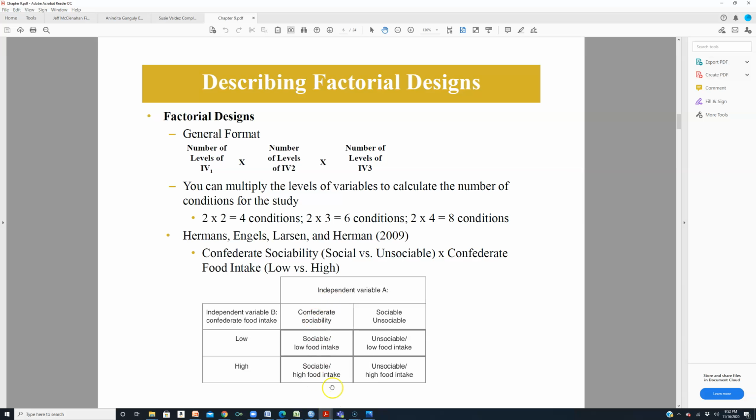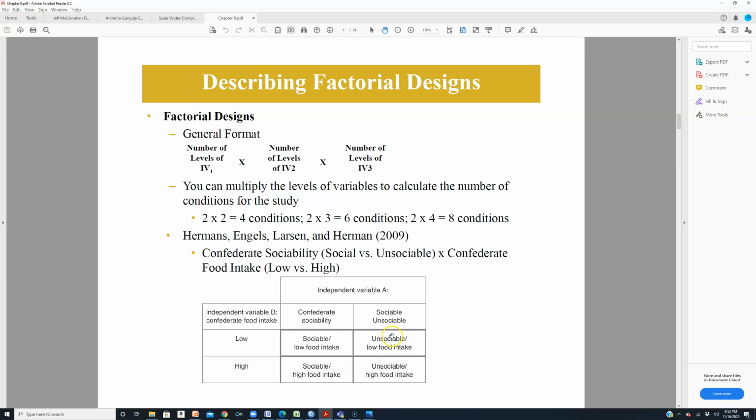Now these are all my scores for all my participants. I get what's called a marginal mean for the total number and average of M&Ms eaten by all people in the sociable condition, and then all the people who were exposed to an unsociable confederate, and then all the people who were exposed to low intake, and then all the people exposed to high intake. These create marginal means.